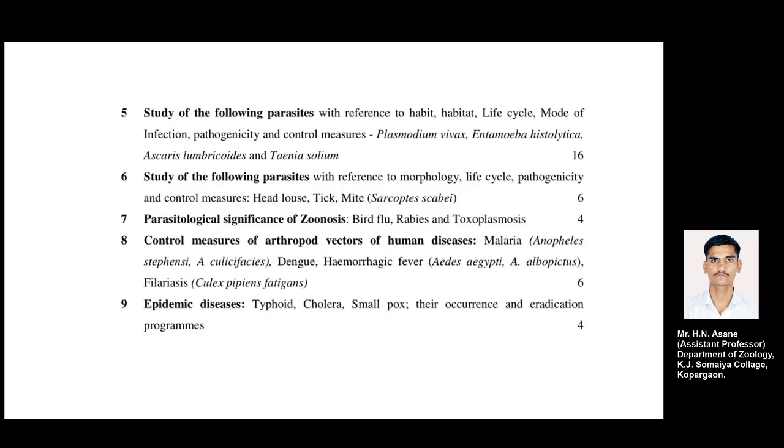We will also see how we can control these types of mosquitoes, the preventive measures like anti-larval measures, anti-adult measures, or protection against the mosquito. We will also see how we can use insect repellents for these mosquitoes.